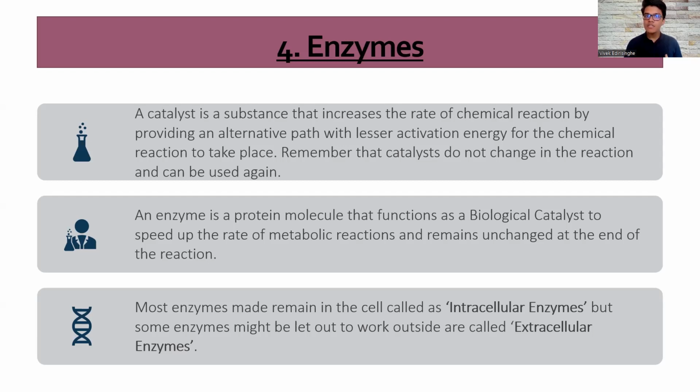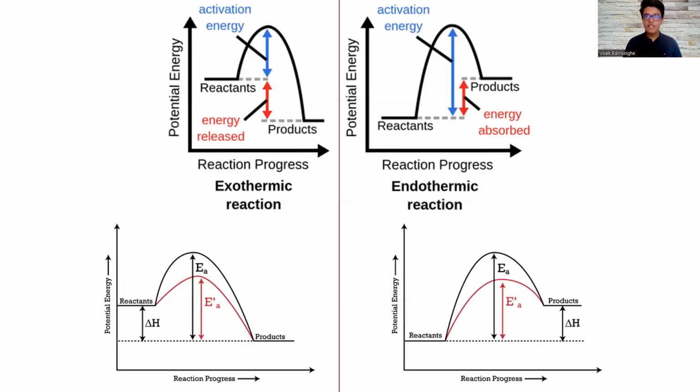This part you guys might have learned in chemistry as well, but I will quickly explain that with the diagram. As you can see, the two diagrams on the top are the energy profile diagrams for regular endothermic and exothermic reactions.